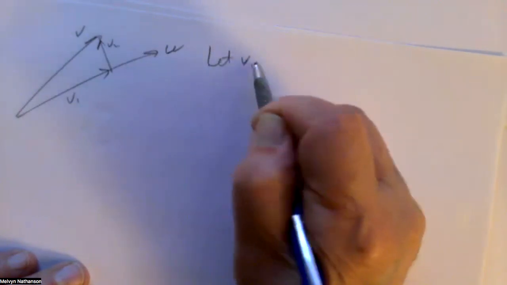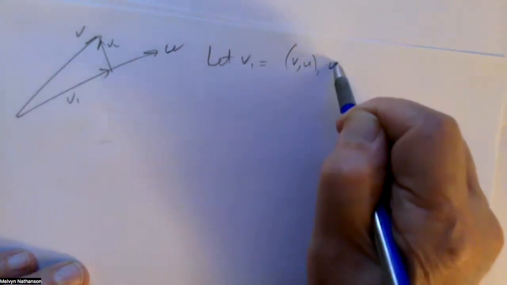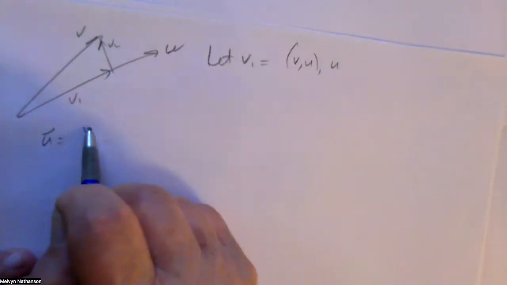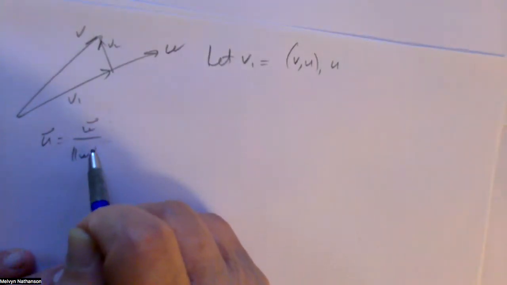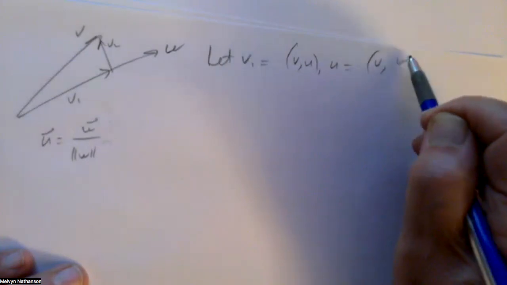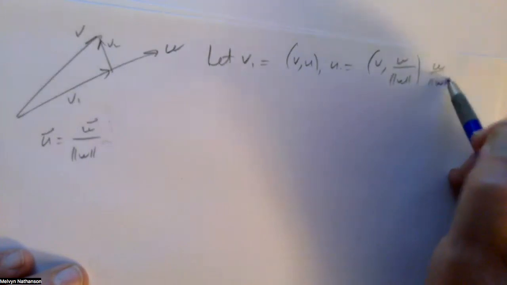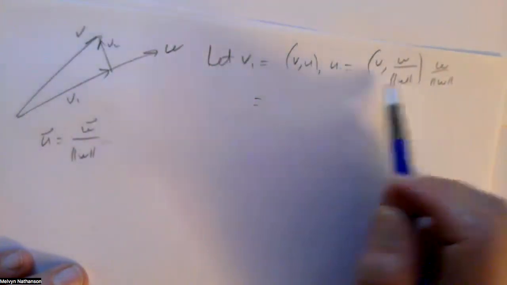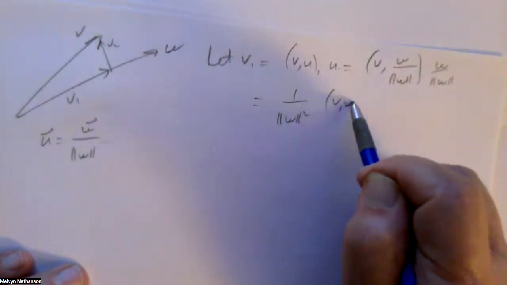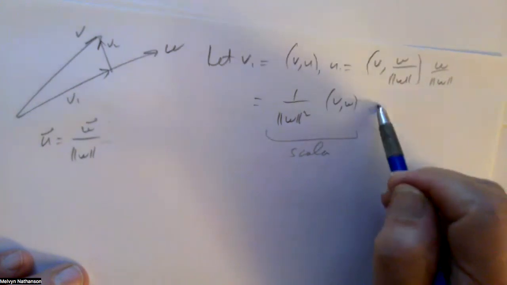So I let V1 be the inner product of V and U with U, where U is a unit vector in the direction of W, W divided by the length of W. So I could write this as V, W over the length of W times U, which is W over the length of W. So if I take out these scalars, 1 over the length of W squared, the inner product of V and W, this is all a scalar. Okay, this is a number, times the vector W.